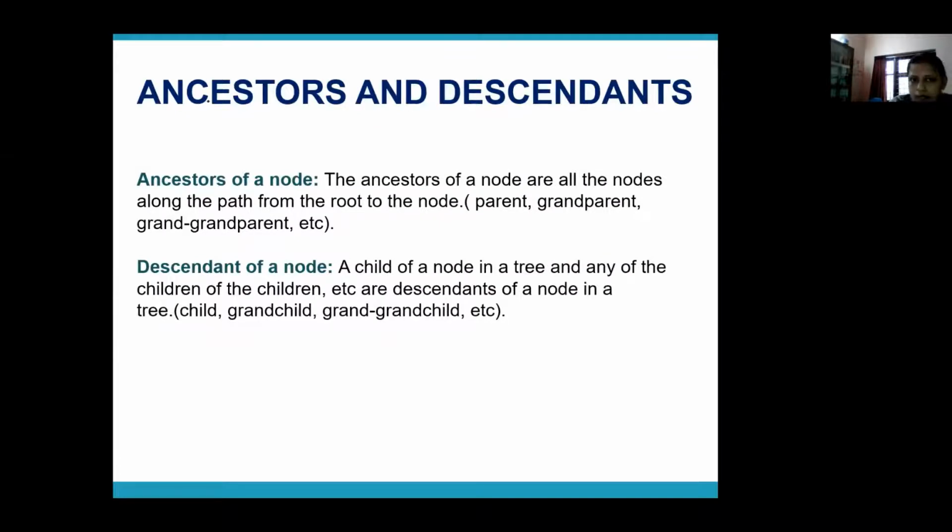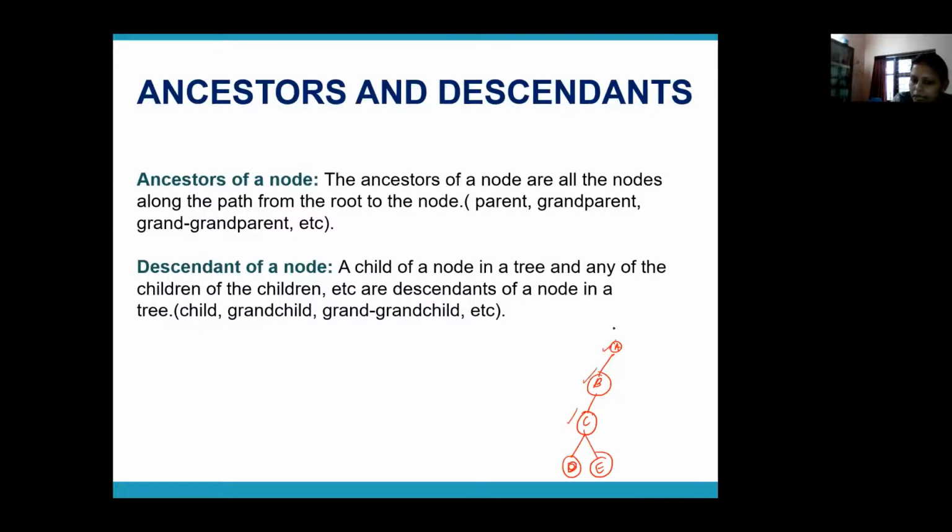Before that, one more term, ancestors and descendants. You know what is meant by ancestor and what is meant by descendant, right? Ancestors of a node are all the nodes along the path from the root to the node. Suppose you have a tree like this, A, B, C, D, and E. So who are the ancestors of D?